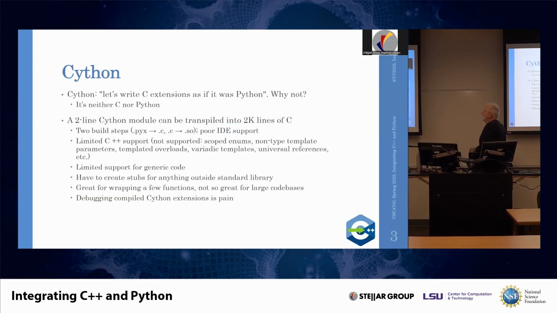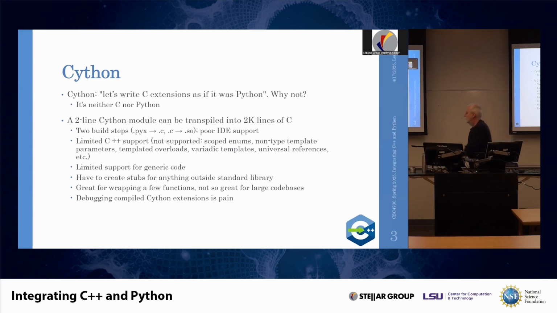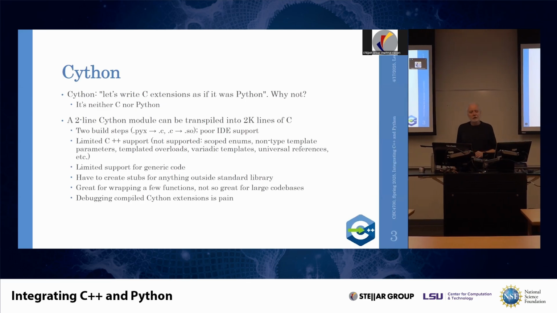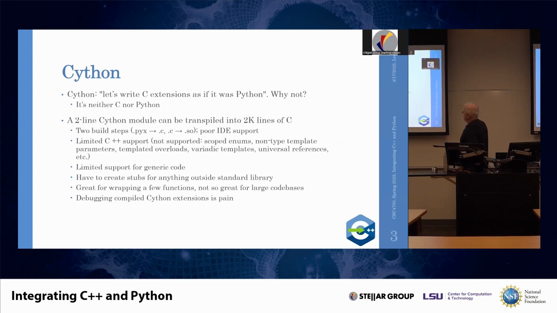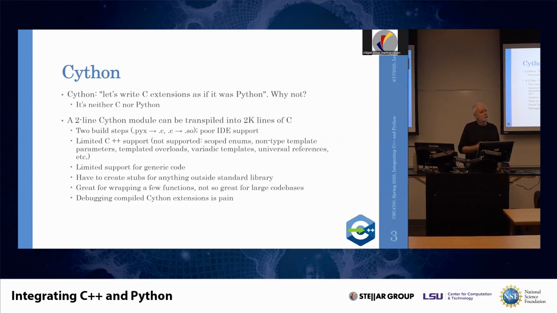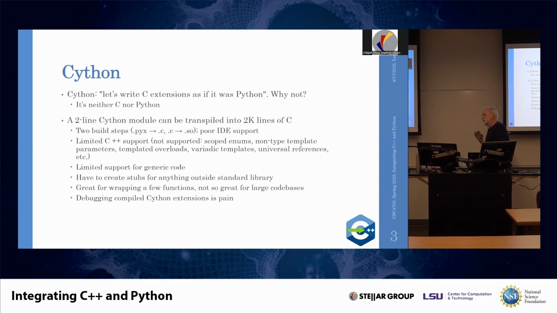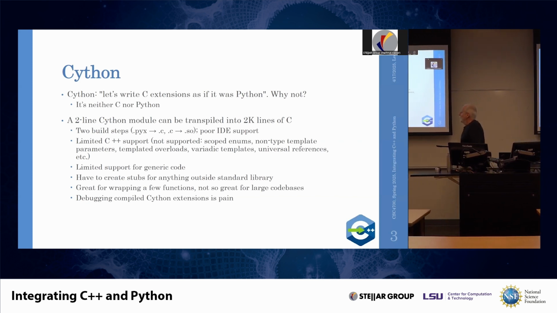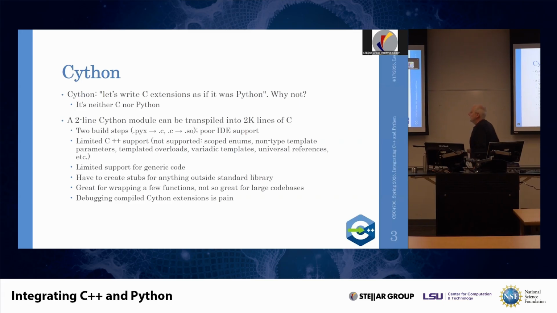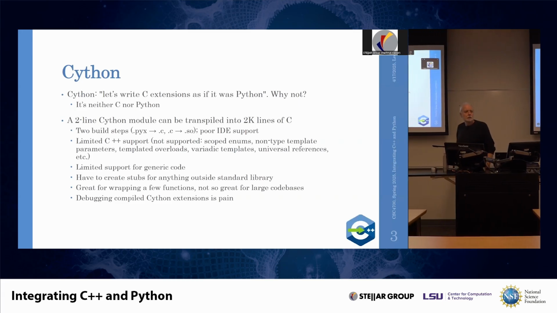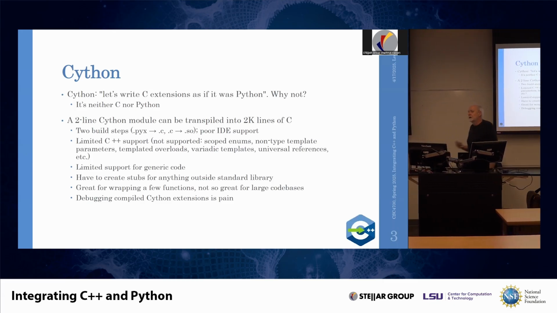Let's have a look at a small Python example just to wean you off the idea to use that. As I said, Cython is a compiler. It can compile Python and some extensions to Python that are built so you can build modules with them. For instance, a 2-line Python module can be transpiled to about 2,000 lines of C. 2 lines in Python, 2,000 lines in C. That tells you how verbose that C API is that Python exposes.